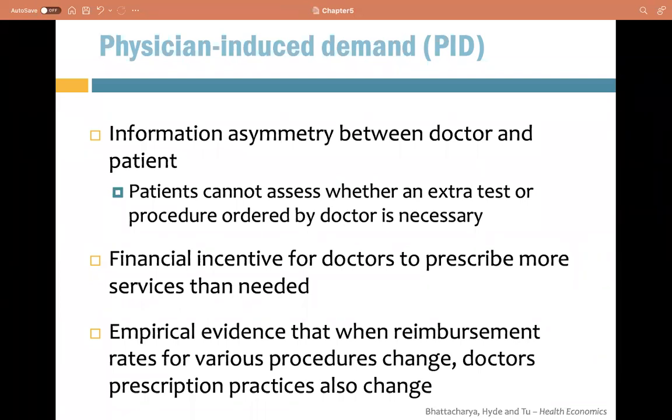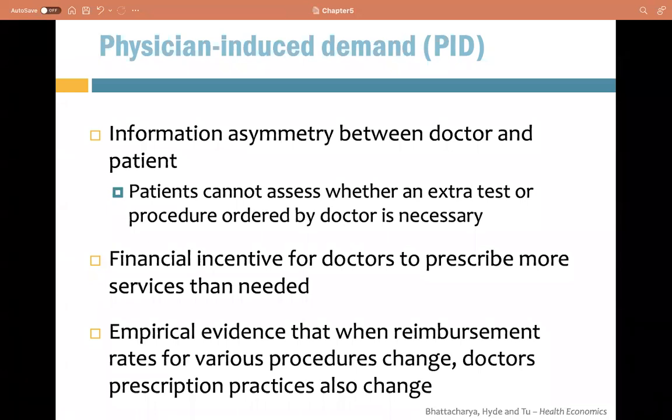One thing that we want to point out is that there is asymmetric information between doctors and patients. The patients usually don't know how to treat themselves. The doctors know. So when the doctors do something, patients have no idea how to assess whether this extra test or procedure or extra medicine ordered by the doctor is necessary.